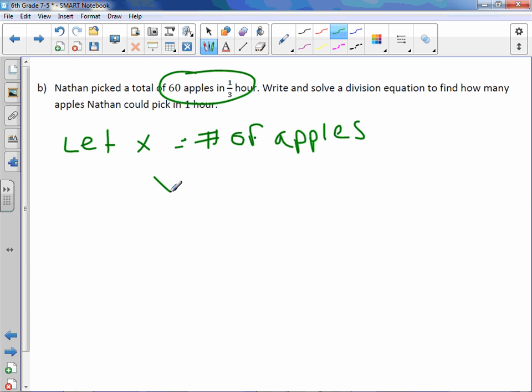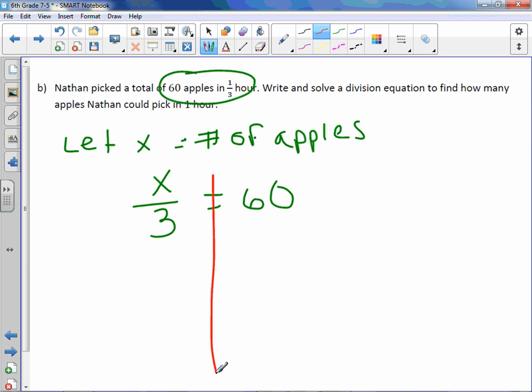So if we take x apples and divide it by 3, we would get those 60 apples. So 1/3 of x is 1/3 times x, or x divided by 3, equals 60.